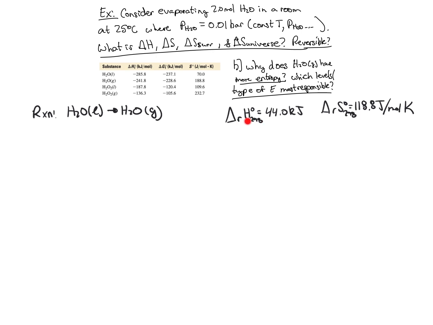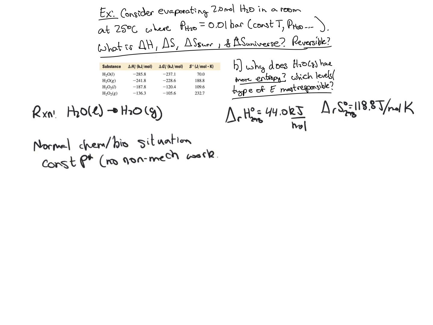We actually calculated delta RH naught and delta RS naught on the previous set of notes, 44 kilojoules and 118.8 joules per mole Kelvin. This would be per mole here as well. Again, I'll leave one more little gap here. See if from this given information you can calculate delta H, delta S, all of those parameters as best you can.